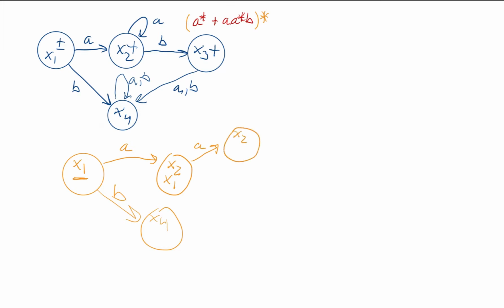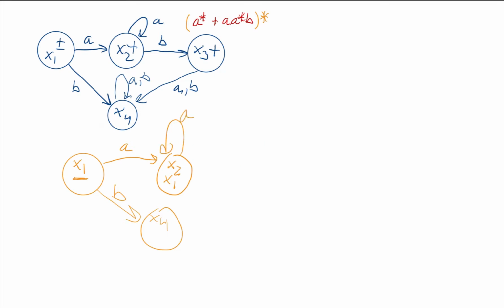If we're in state x1 and we get an A, we go to state x2, but x2 is a final state, so we also include x1 in this state. This is the same state, so it really just loops back to itself.